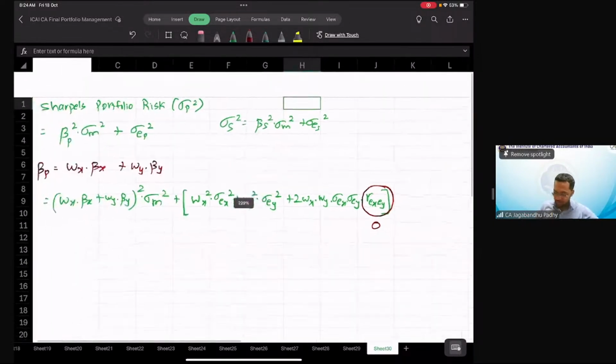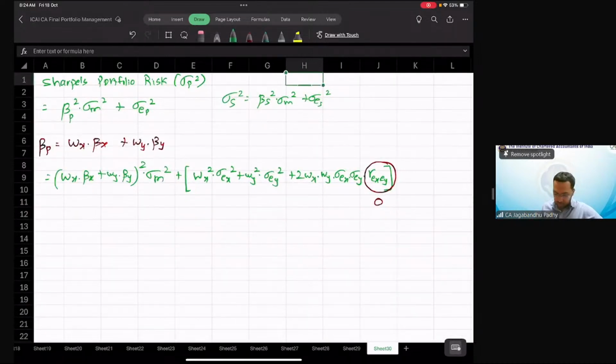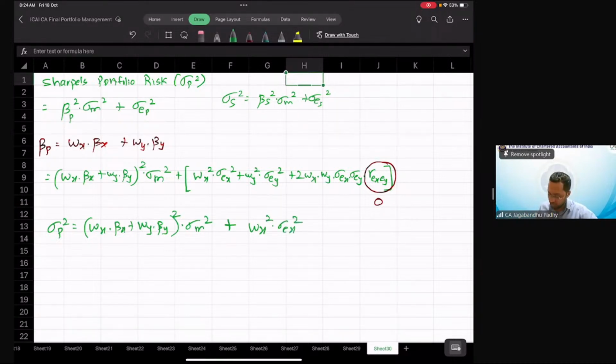So if we have that correlation as 0, I can say that my formula for Sharpe's portfolio risk will be simply weight of x into beta of x plus weight of y into beta of y, the whole square, into variance of market, plus just weight of x square into variance of error of x plus weight of y square into variance of error of y.